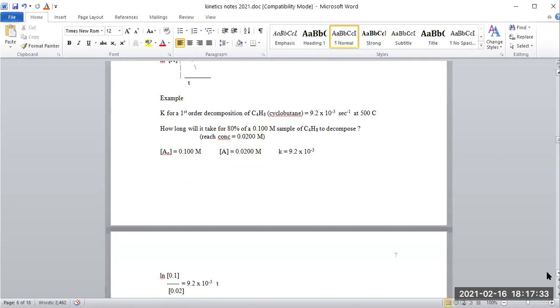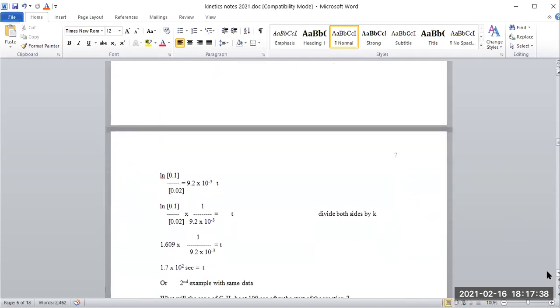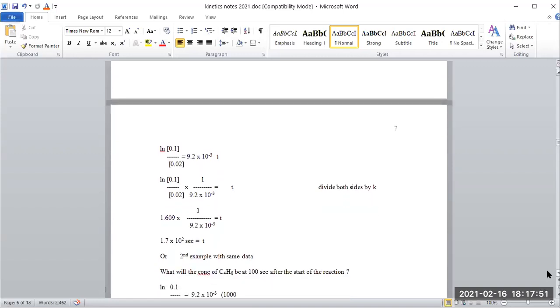I have a given K value, and I can put everything into my equation. I can put the 0.1 over the 0.02. I'm going to do a little algebraic rearrangement so that I can bring my K value to the bottom on the other side. I divided 0.1 by 0.02 and then took the natural log of it. That gives me 1.609. My K is still there.